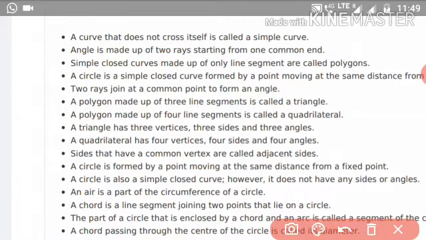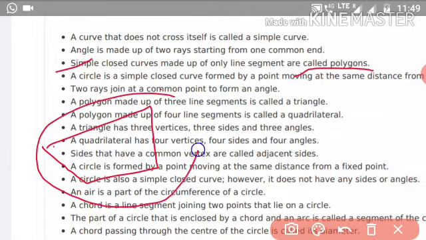Now next, a simple closed curve made up of only line segments is called a polygon. So any curve made of only lines, and it will be closed, is called a polygon.